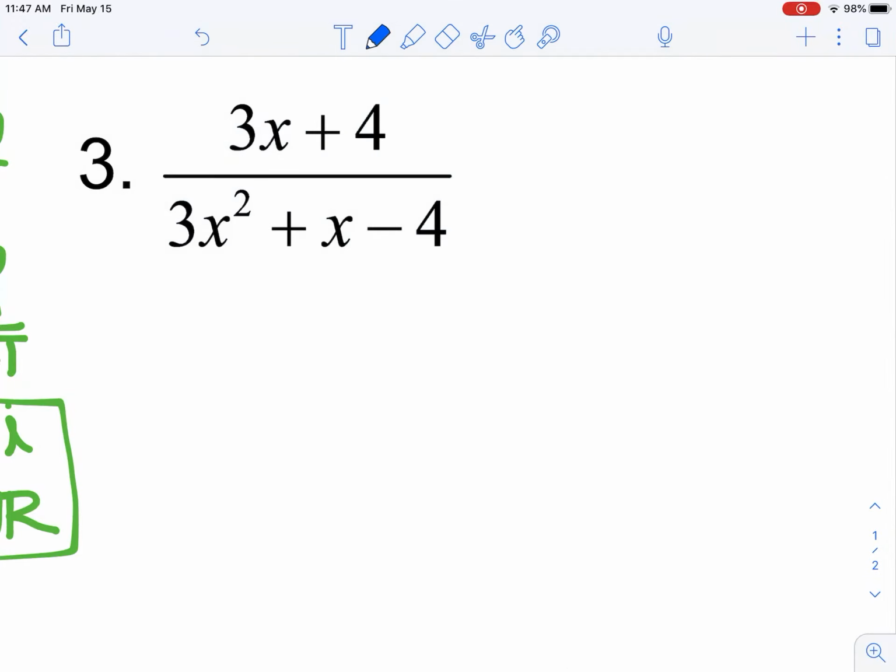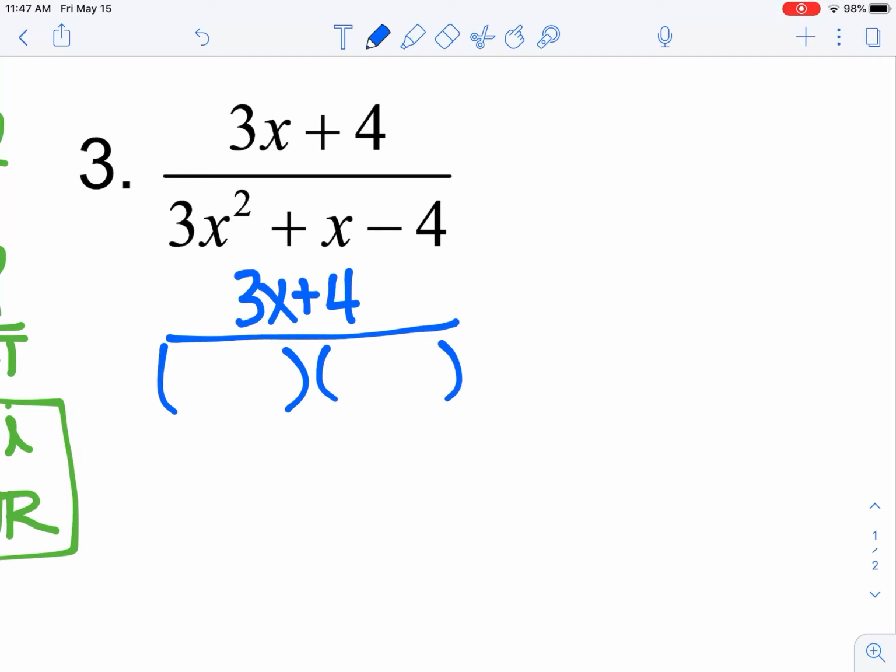All right, now let's take a look at number 3. So with number 3, I can see that I can factor the denominator. I'm going to factor it into 2 binomials. You can do the AC method, or you can just guess and check. Remember, we're working with factors of C that add up to our B term.